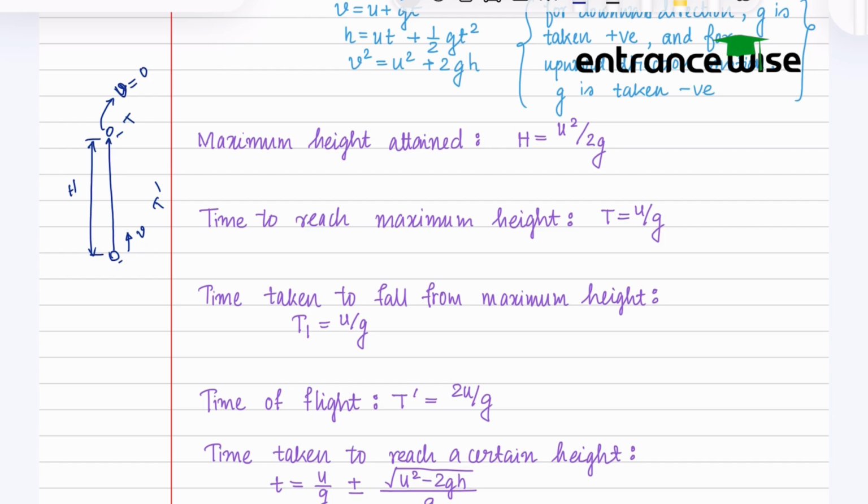We have the equation v equal to u plus gt. Now at maximum height v equal to 0, and we know that while going forward the g is taken as negative. Forward is an upward direction. So the equation becomes 0 equal to u minus gt. From there we will get t equal to u by g.